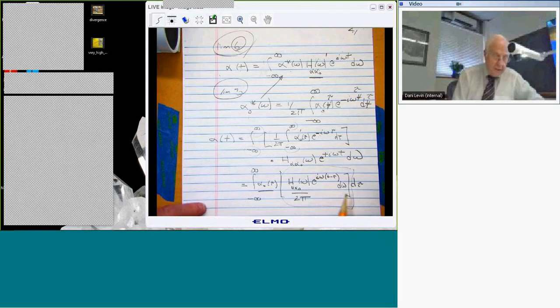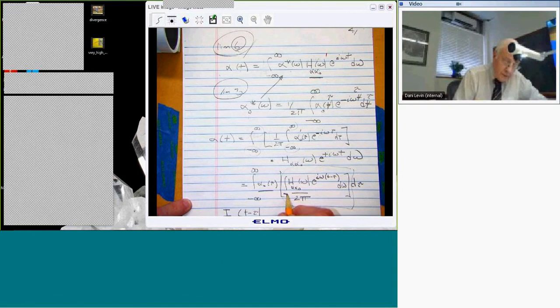So I'm going to define I alpha naught, a function of t minus tau, because once I perform the integral over frequency, minus infinity to plus infinity, I just have a function of t minus tau, right?